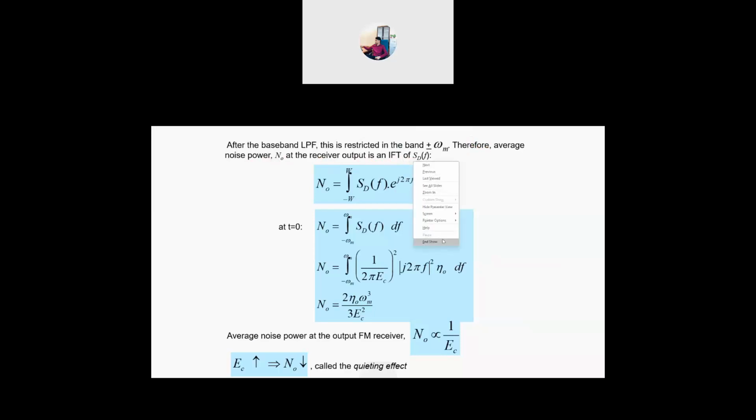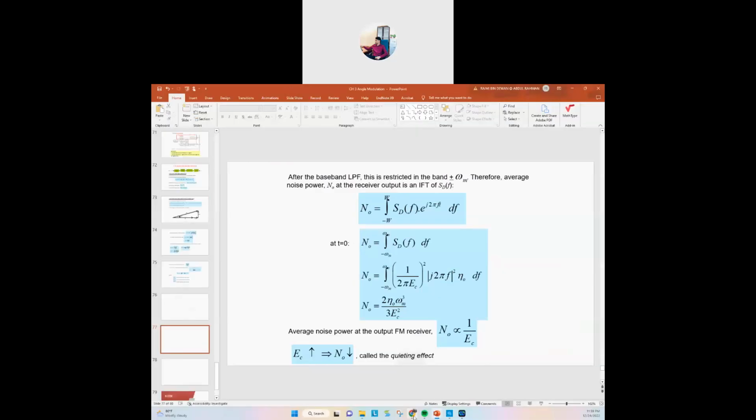So in case you don't know about this IFT, I opened this for you to make it easy. I searched for it in Google just now, before I start recording, so that it'll be easy. Oh my god, sorry, I don't know what happened to my browser.